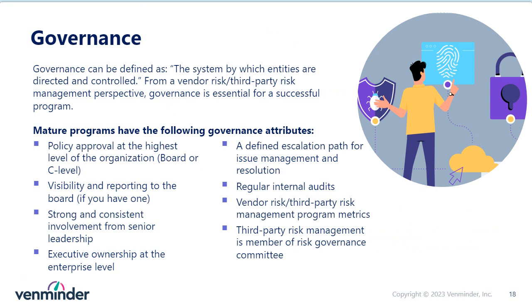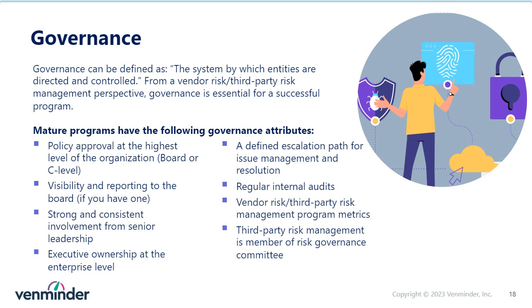Well, we know that governance is essential for any third-party risk management program, and what are those hallmarks that we're looking for in governance that would be found in a mature program? Well, first of all, that policy approval from the highest level of the organization. We want to make sure that the board has a lot of visibility, that they're getting good third-party risk management reporting.